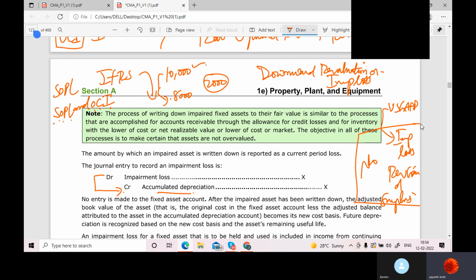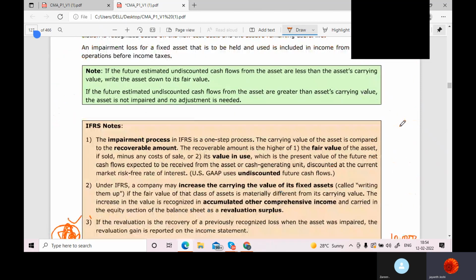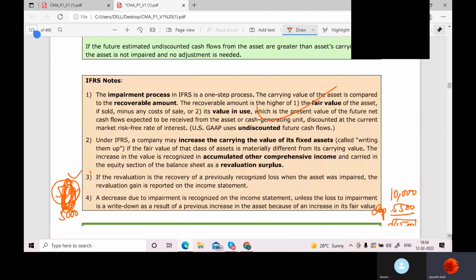They really say that the efficiency cannot improve. That's the reason why they are against revaluation gain. They are in favor of showing downward revaluation, that is impairment loss. So there is no concept of revaluation gain in any way under US GAAP. That is the conclusion of the topic, because in this box they have explained such things.